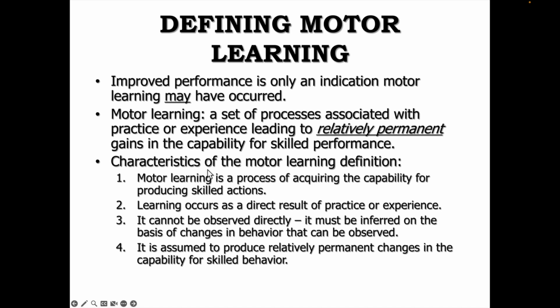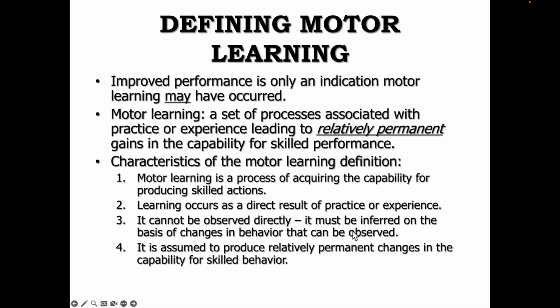Here are 4 characteristics of a motor learning definition, and these are something that I would mark down in my notes. First of all, motor learning is a process of acquiring the capacity for producing that particular skill. Number 2, learning occurs as a direct result of practice or experience. Number 3, motor learning cannot be observed directly.